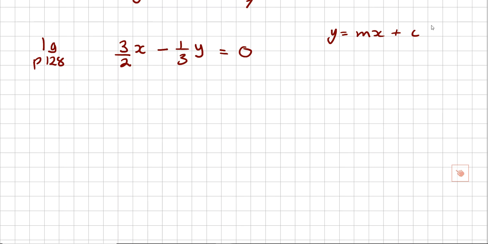A third of 1. Yeah? I have a third of 1. How can I make a third of 1, 1? Times by 3. Good. So I'm actually going to multiply everything by 3. Okay, everything. So I have to multiply that by 3, this by 3, and this by 3. Okay? Now what does that do? Well, what is 3/2 of x times 3?